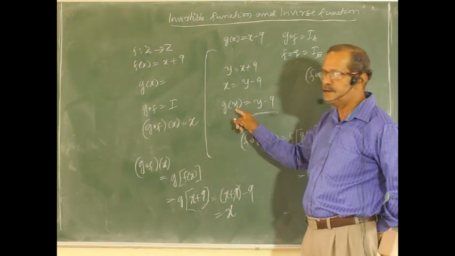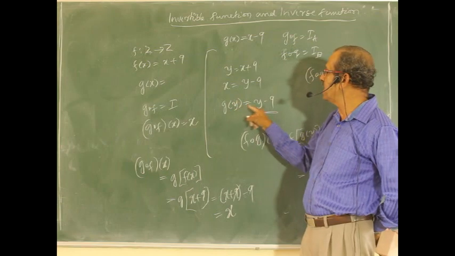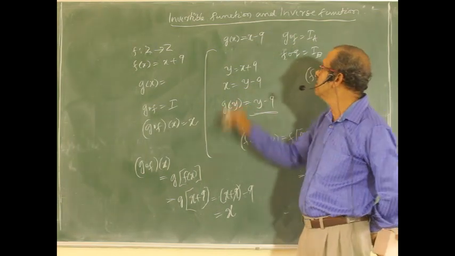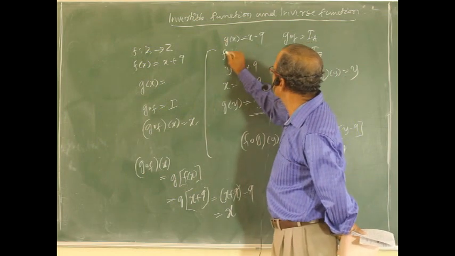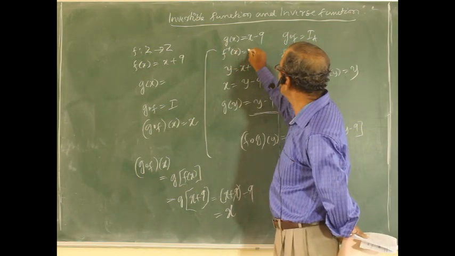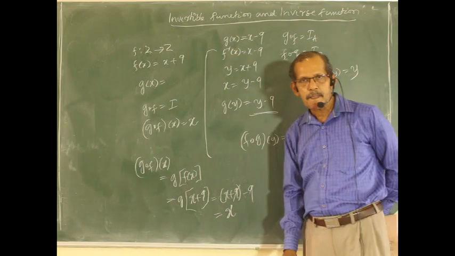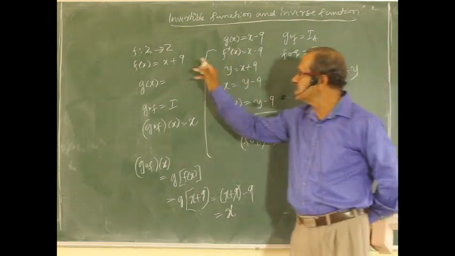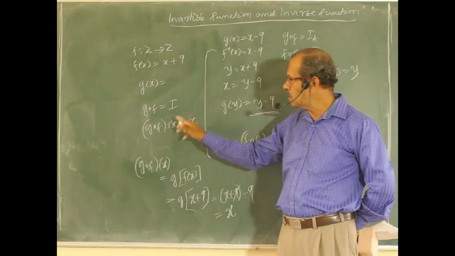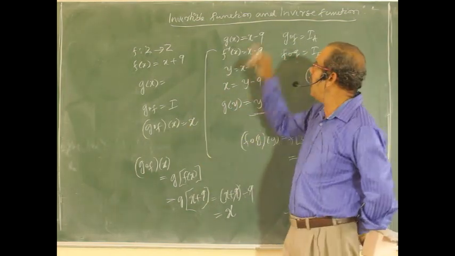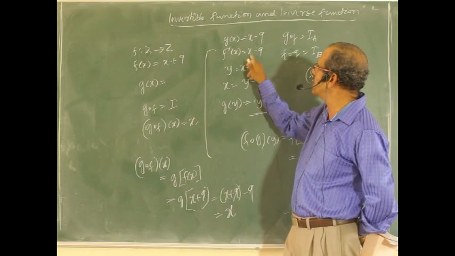Variable can be anything; you can write G of t equal to t minus 9, one and the same. But G is hereafter denoted by F inverse. So F inverse of x is x minus 9. The function is invertible since you can find G such that the composite function is identity, and the inverse of that function is x minus 9.